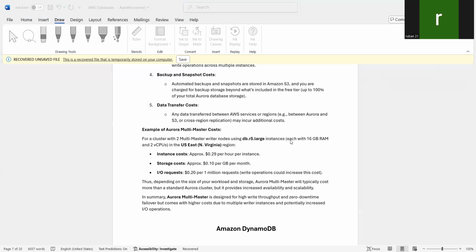Storage cost is approximately $0.10 per GB per month. Input output requests are $0.20 per 1 million requests. Write operations could increase this cost.